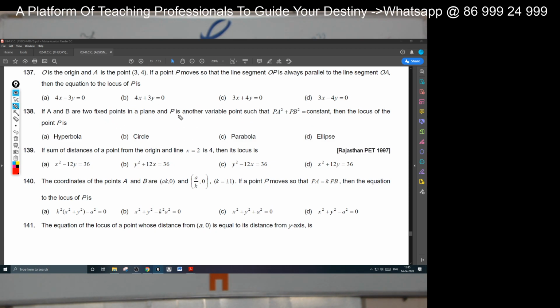P is xy, as usual. A and B are two fixed points in a plane, he is saying. You take any two fixed points.